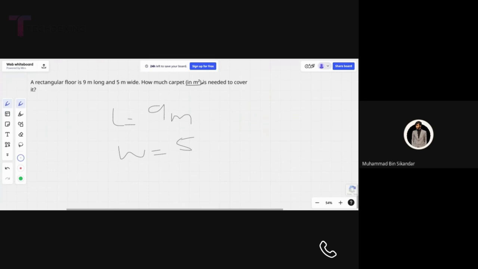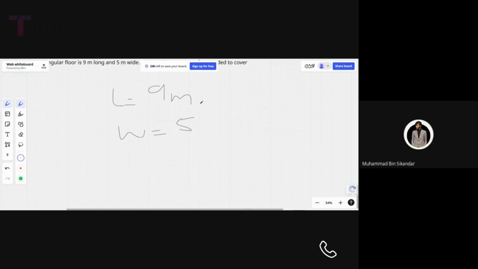We need to calculate area because the unit is specified. If I'm not directly given that I need to calculate area, then I am given the unit. Sir, just 1 minute. Okay, take your time. Okay, so he has specified the unit over here, which I am supposed to get.